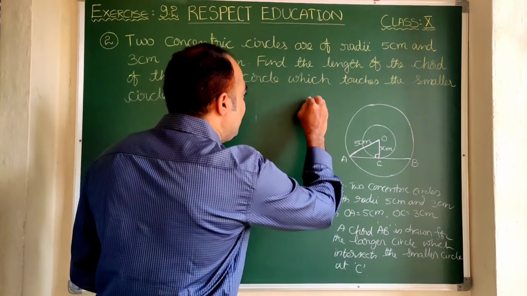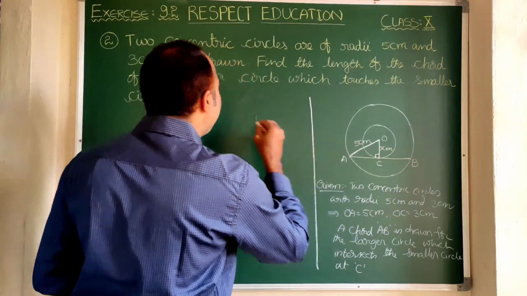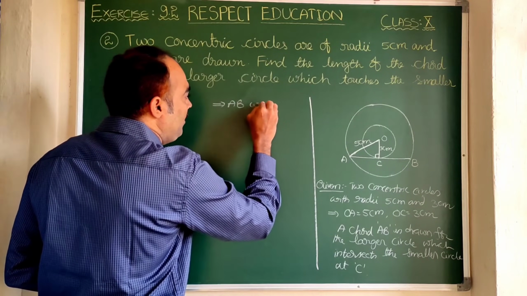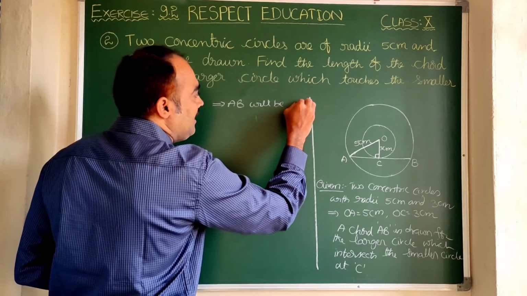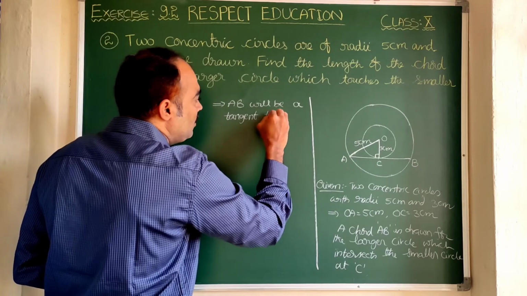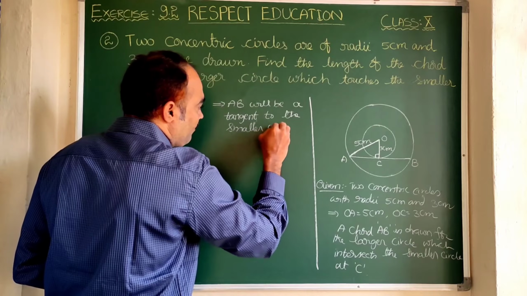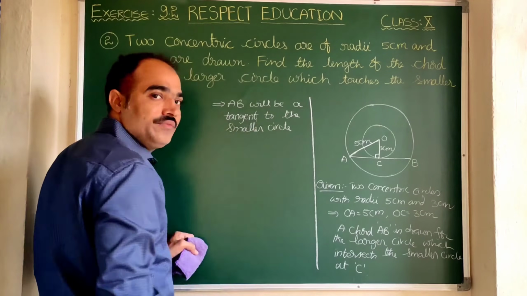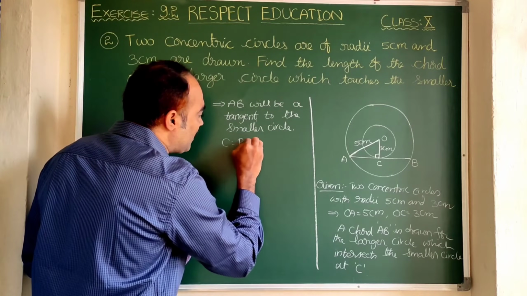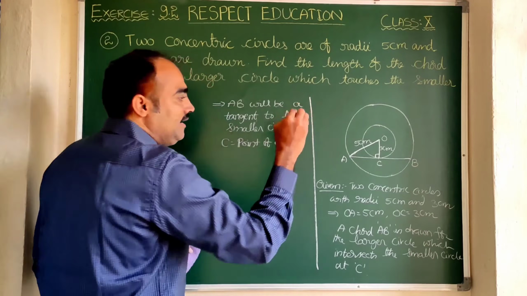Clear? So here we can say that AB will be a tangent to the smaller circle. Clear? So C is called the point of contact. Here you observe.